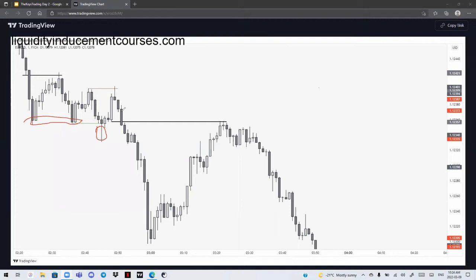Price creates a build up, people say this is resistance as well. We can take sells. Whenever this breaks out of the support zone, you know they're entering sells right here as soon as it breaks out, and their stop loss is probably around here.